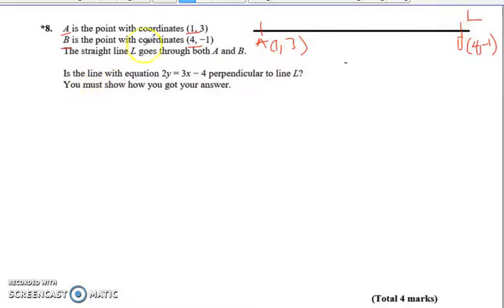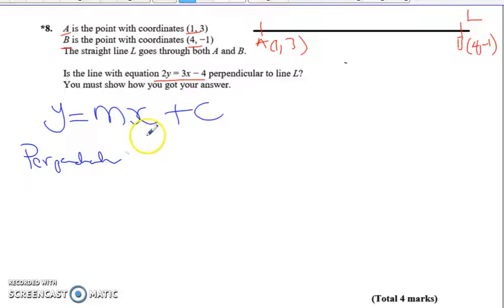The second part of the question is asking us, is the line with equation 2y equals 3x minus 4 perpendicular to L? Now, what have we learned already? Looking at the general equation of a straight line, y equals mx plus c, for 2 lines to be perpendicular, they are related by means of their gradient m.